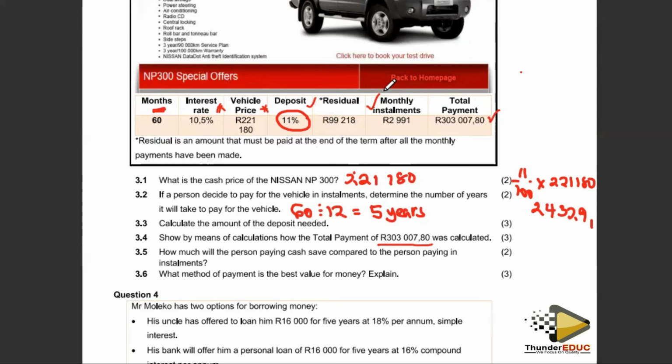You do that for me. Remember, the monthly installment is for every month. Deposit is once off that you have paid. So we shall get the monthly installment times 60 plus deposit that we've just seen, which is 24,329.80 cents.